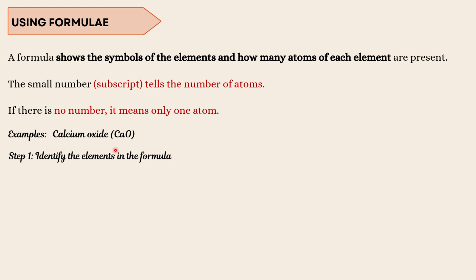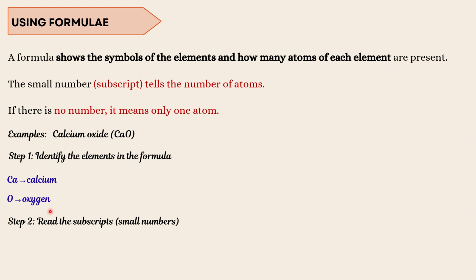When I see calcium oxide, the first step is to identify the elements present. I can see that Ca is the chemical symbol for calcium, and O is the chemical symbol for oxygen. So I have determined which elements are there in the chemical formula.